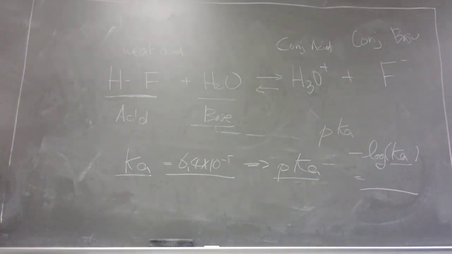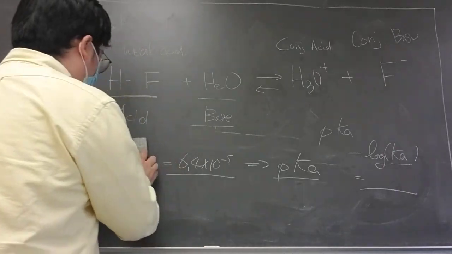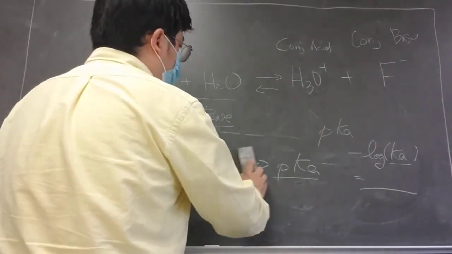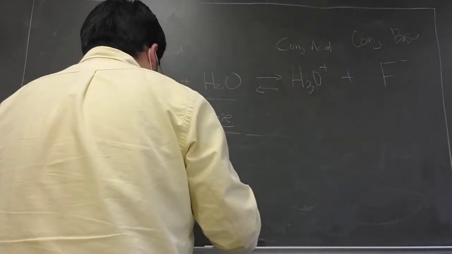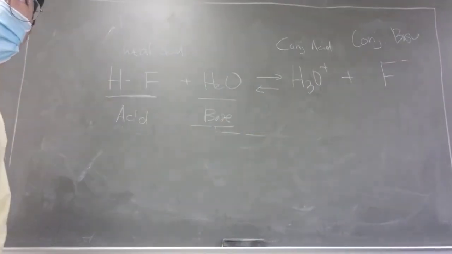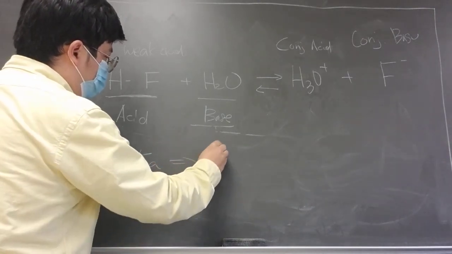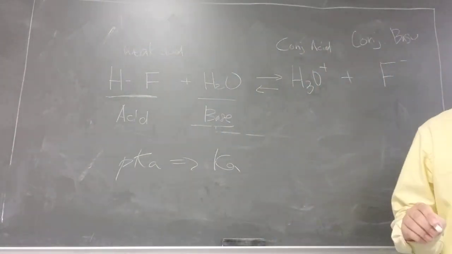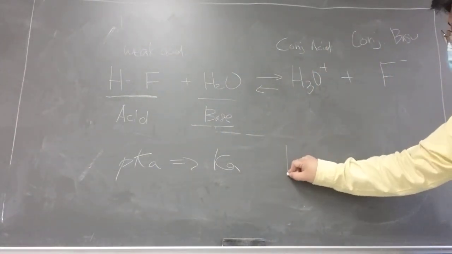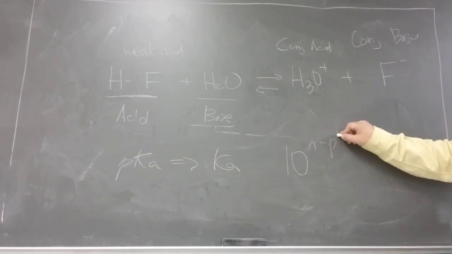We'll give you a number for pKa, so you can have some idea. Maybe I might twist it a little bit the other way. Maybe I'll give you a number for pKa, and I want you to get the Ka value the other way. It's pretty much the same. Either negative log is of 10, right? So if you go backward, it's 10 to the power of negative pKa.